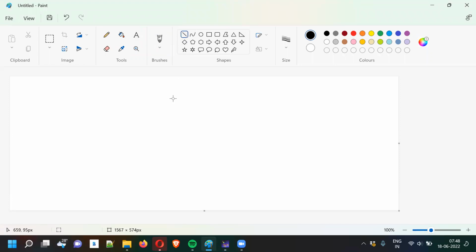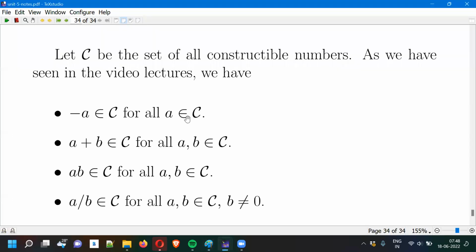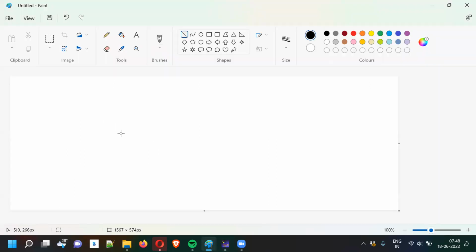All right, so let us first prove that a is constructible implies minus a is constructible. That is easy. That follows by definition. So let us prove the second one. Let's prove that if a, b are constructible, then a plus b is constructible. That is also very easy. Why is that?